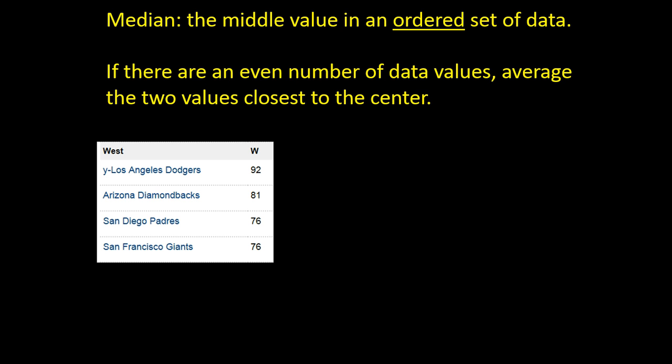We could still find the median even though there is no single middle value, and the way we would do that is by adding the 2 values closest to the middle, which would be the 81 and the 76, dividing that sum by 2 to get the average of the 2 middle values. So the median for this set of data would be 78.5.